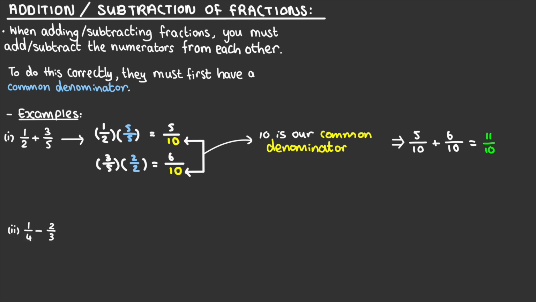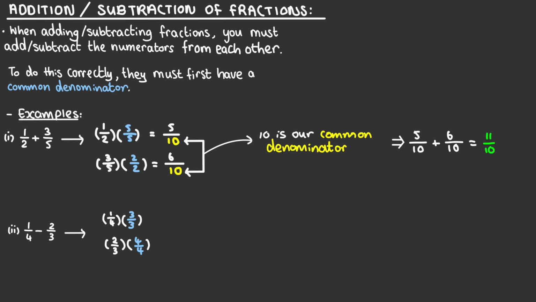Here is another example where we want to take 2/3 from 1/4. The denominator of 2/3 is 3. So we take 3 divided by itself and multiply it by 1/4. The denominator of 1/4 is 4.